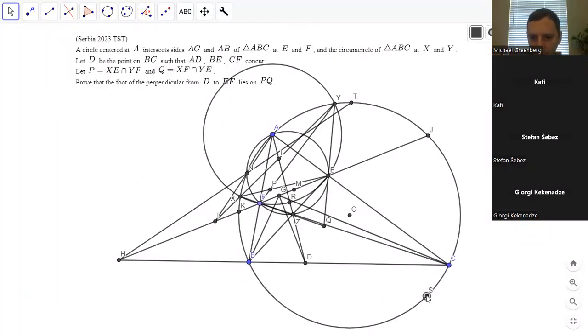I'll delete point S. Let me think about that. So I want to show... Yeah, I have a bunch of ways to do this. I'm just trying to find the easiest way.